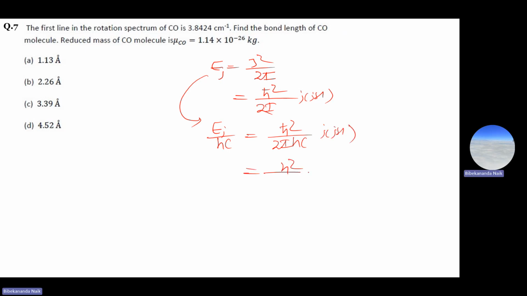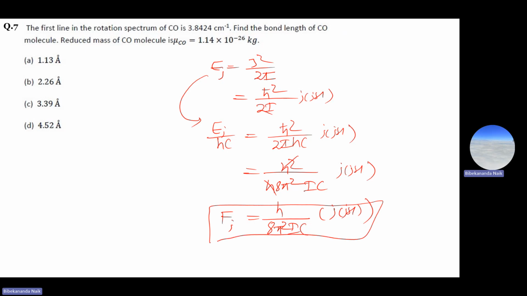It will be h square divided by 8 pi square I, so h will get cancelled from the numerator and denominator, and there will be only a single h. It will be h by 8 pi square I c times J(J+1). We can take this as F_J.